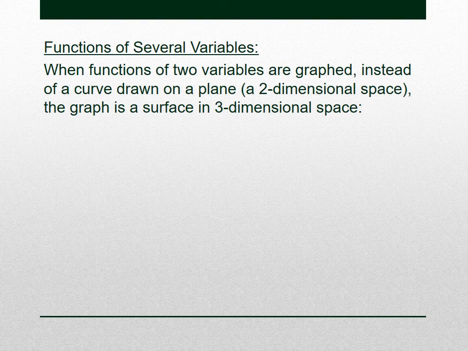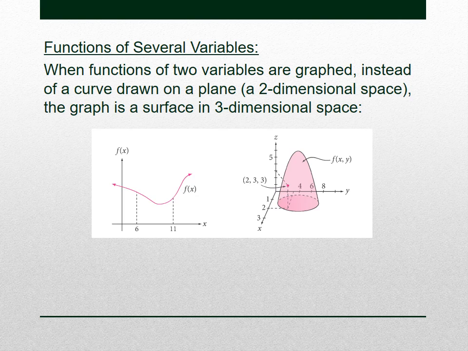So you need 3 spaces to put things when you're talking about the output. You need the x and the y and the output number. So instead of something like this on the left, which would be f of x, a single variable, instead of it being a line drawn on a plane, we have a surface drawn in 3-dimensional space.